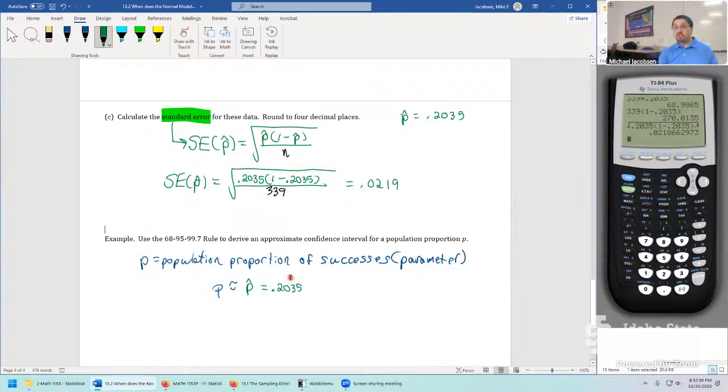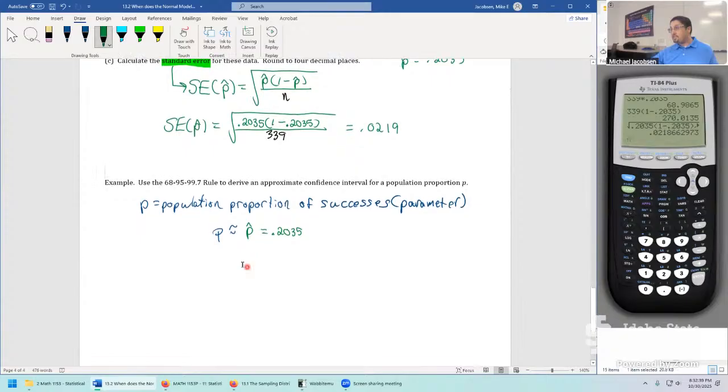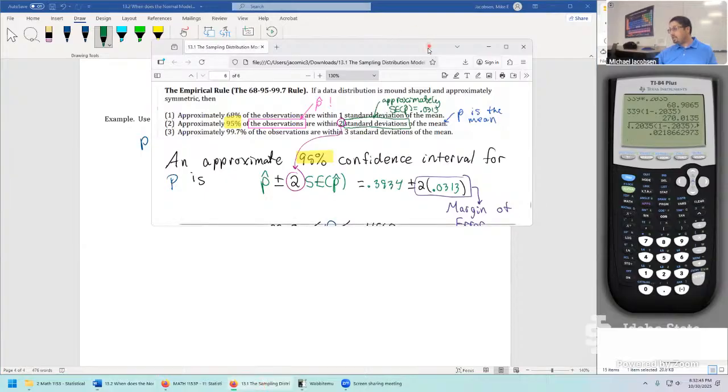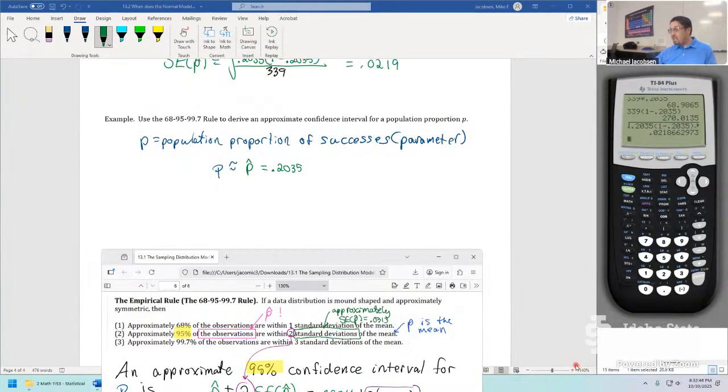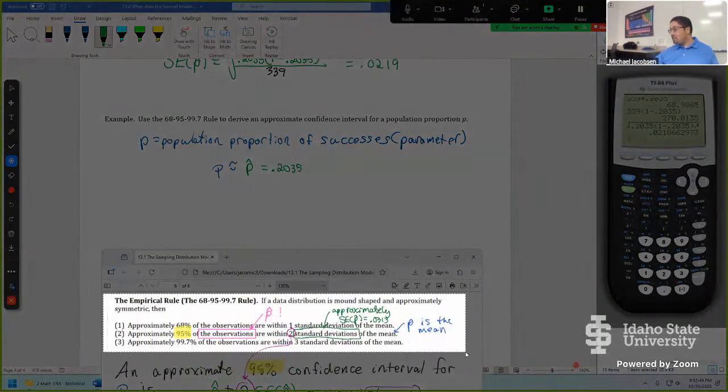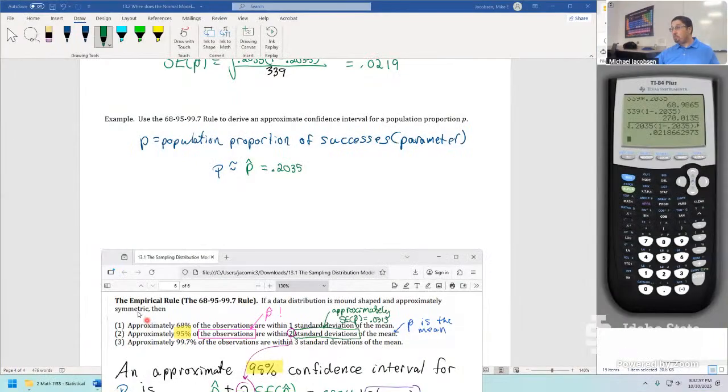But that statement isn't complete until we also bring in the margin of error. The 68, 95, 99.7 rule does that for us. And so this is another look at that concept. Let's import this in from the last time we thought about this idea. And we can do this because if the conditions are met, the central limit theorem tells us we are modeled well by the normal distribution.